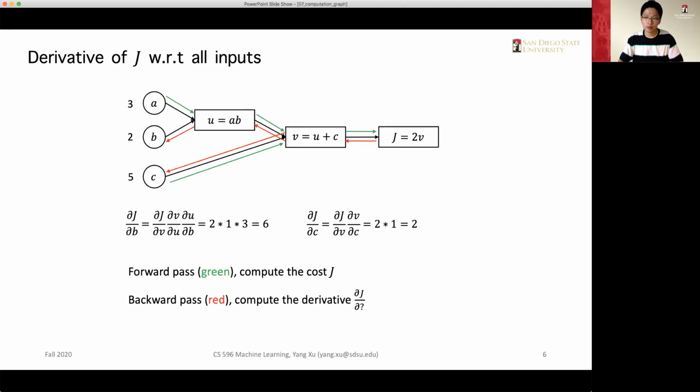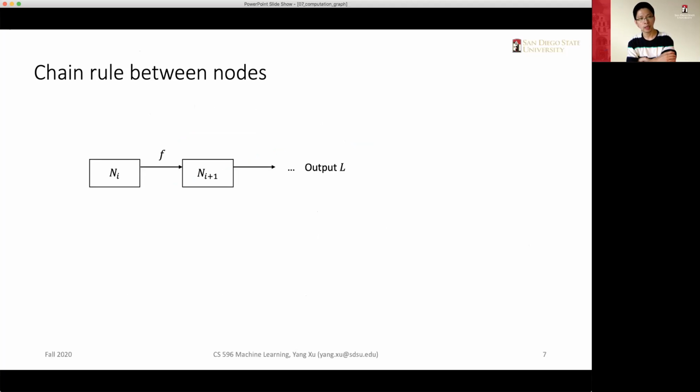So if we look at the computation graph in a more general way, and say we have a very large computation graph, and we take just two nodes out and we want to know how the chain rule is applied between these two neighbor nodes, we can basically use a general function f to determine how the future node is computed from the past.